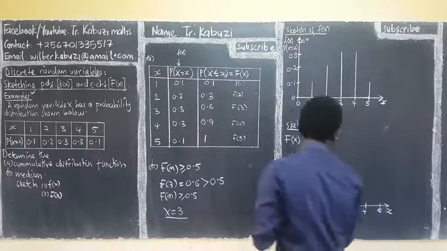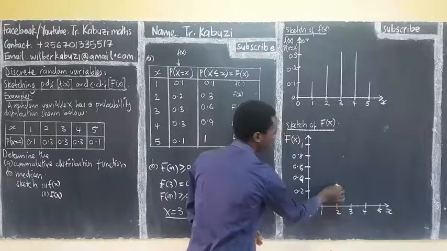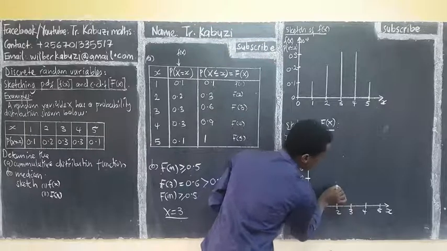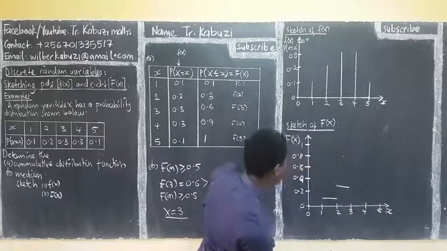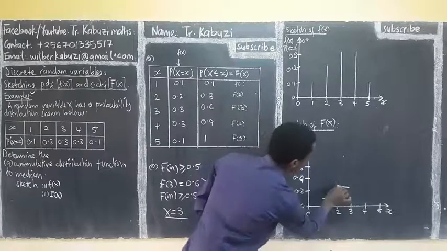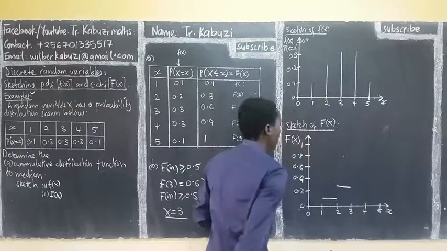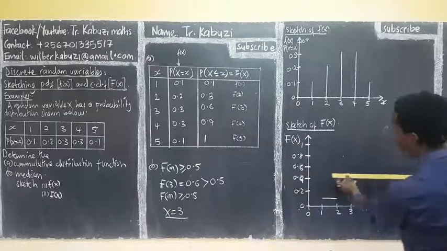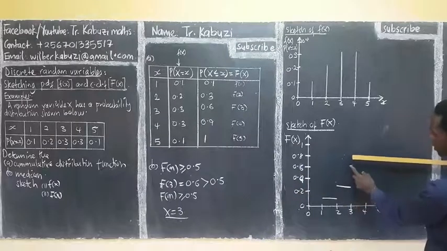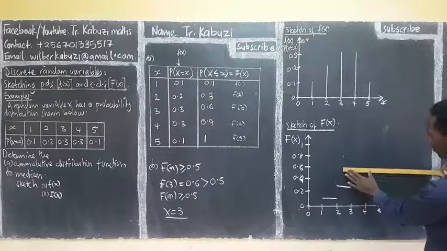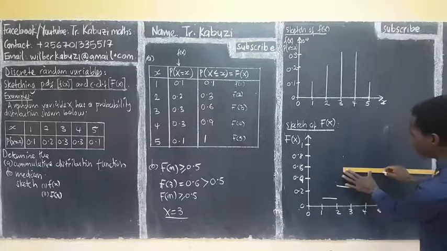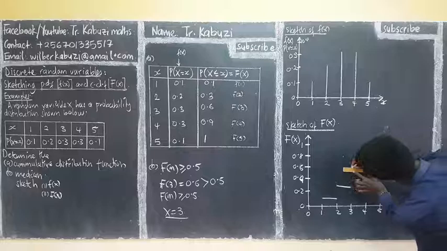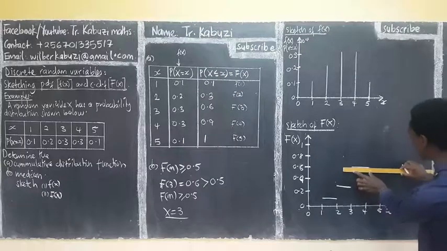So you draw it from 2, and then draw up to when you reach 3. Like that. Use a ruler, please. Then for 3 it is 0.6. Your 0.6 is here. So you get your ruler, but you stop at 4. Where this stopped is where you put, then you draw.